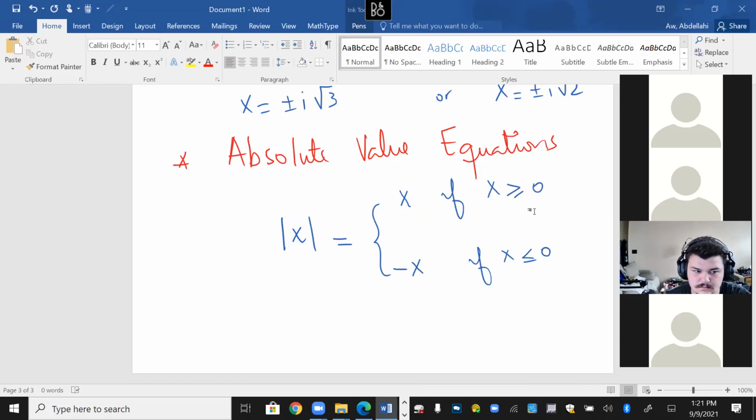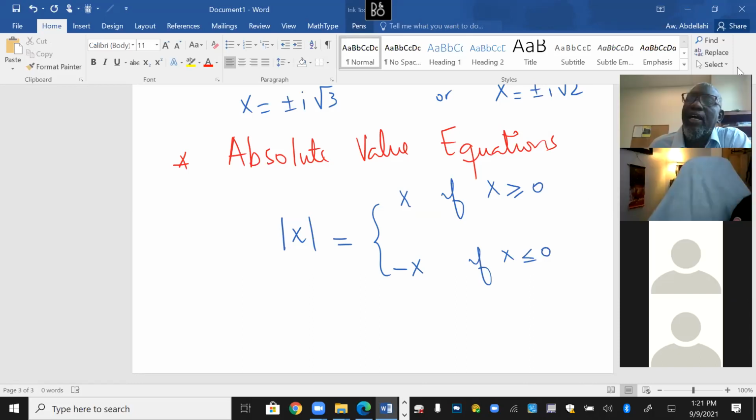Do you remember that? Absolute value of a number is a distance away from 0, okay? Why we say absolute value of -5 is 5? Because how many units -5 is away from 0? 5 units, right? That's why we say 5. Absolute value is actually a distance, right?